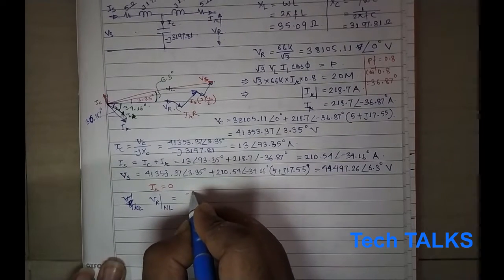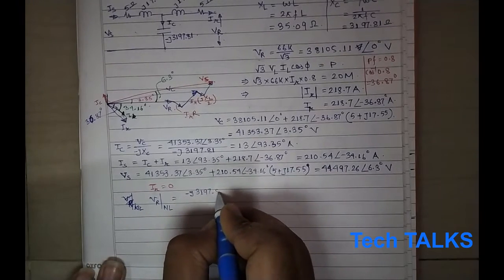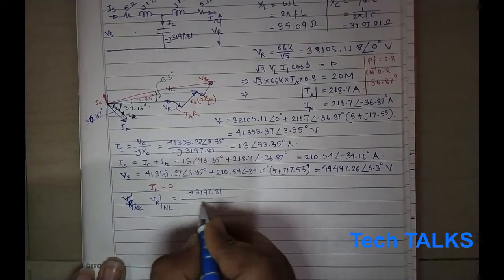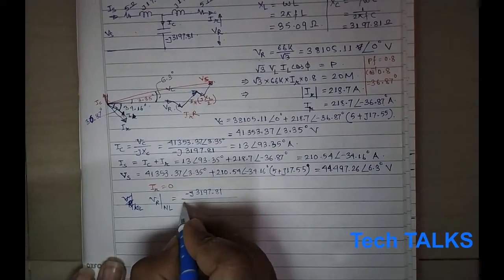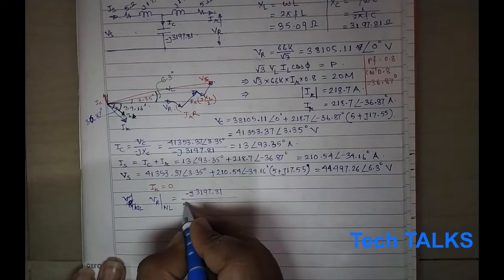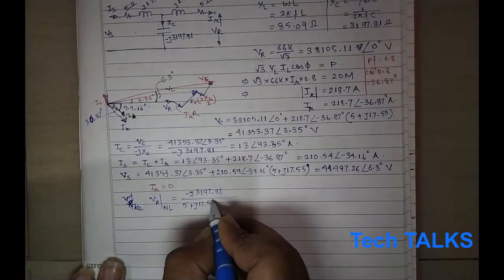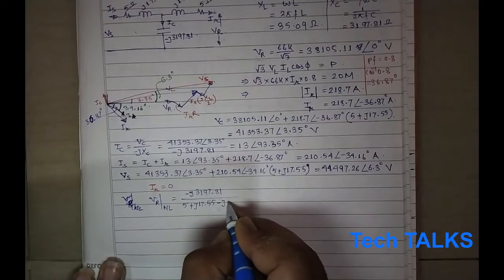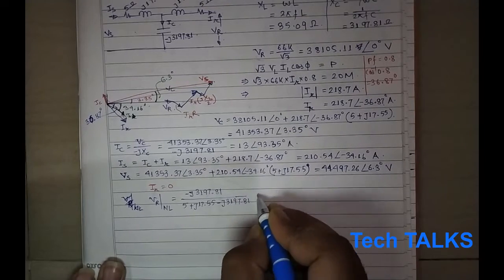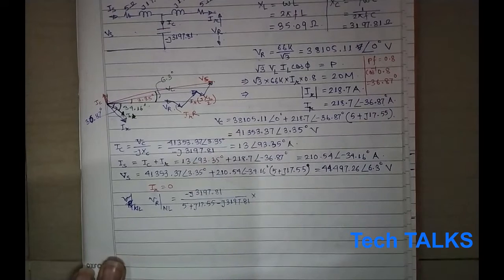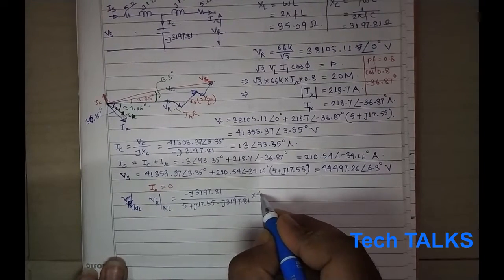VR at no load condition is what? It is minus j 3197.81 divided by this total impedance. The total impedance is what? 5 plus j 17.55 minus j 3197.81, into Vs. Vs is this voltage. We were only taking the magnitude.